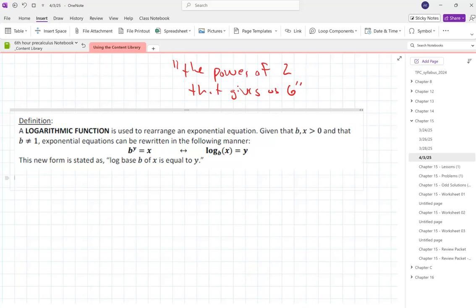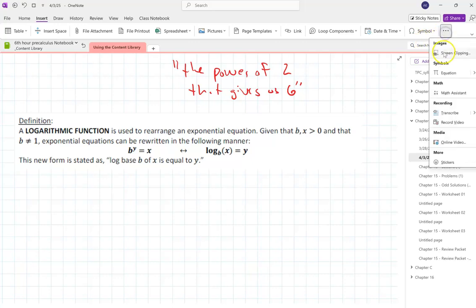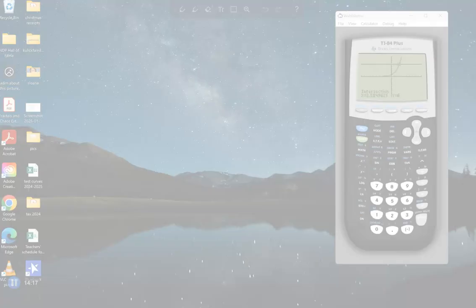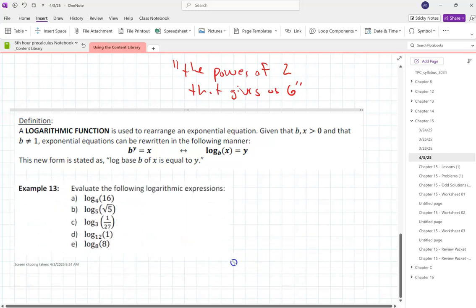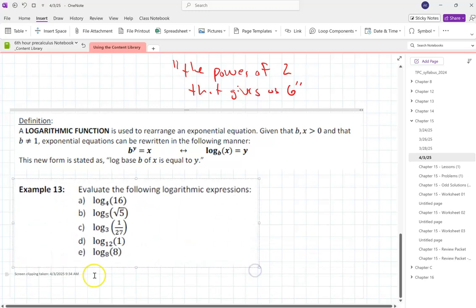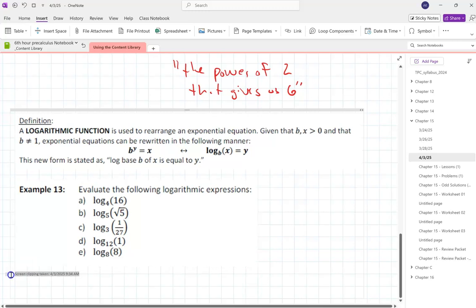So the definition of the logarithmic equation is just a translation of the exponential. So let's do some examples to get used to using this definition. It's kind of like the undoing of exponents.